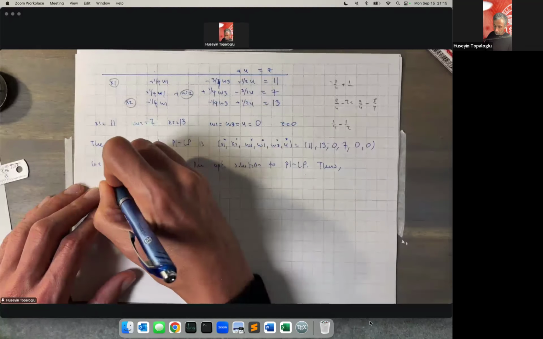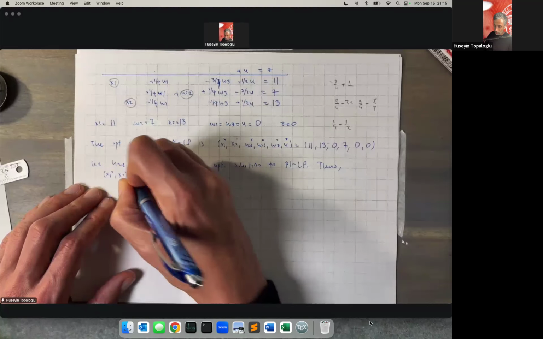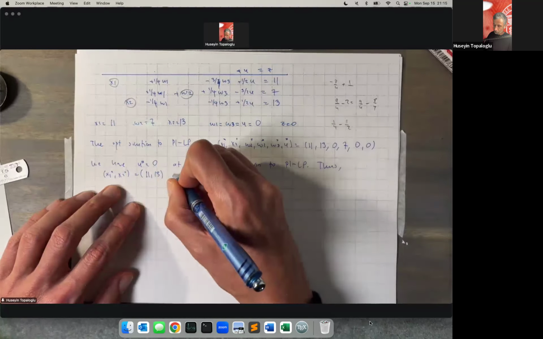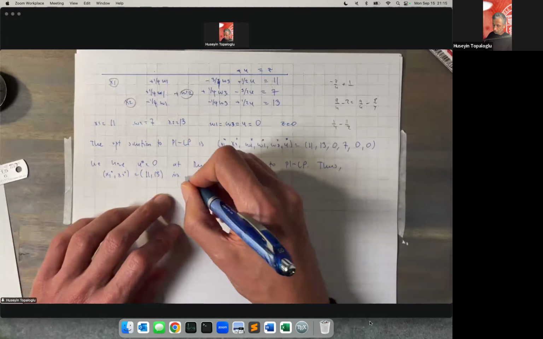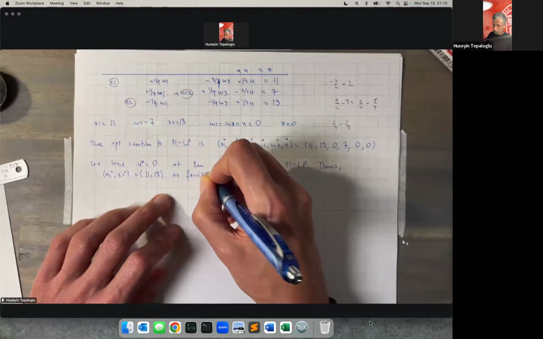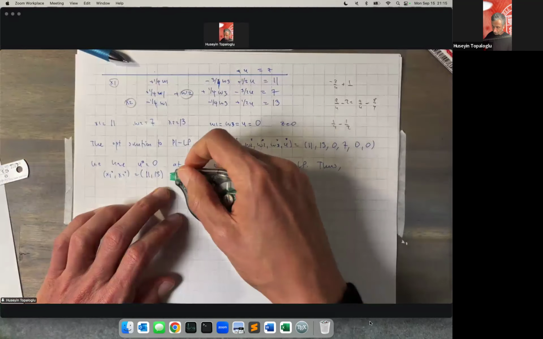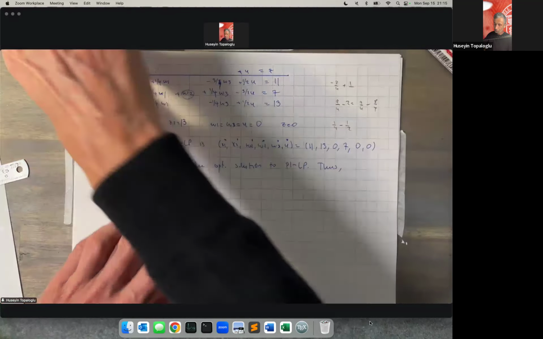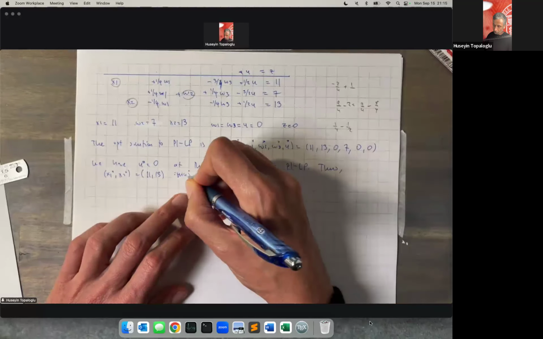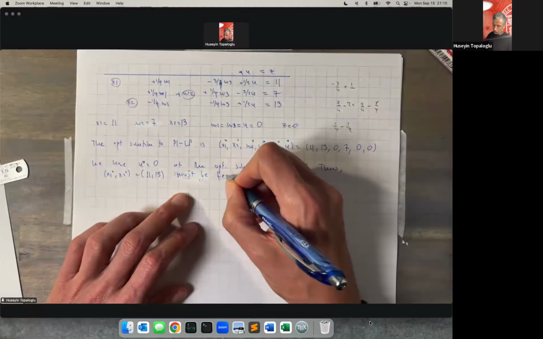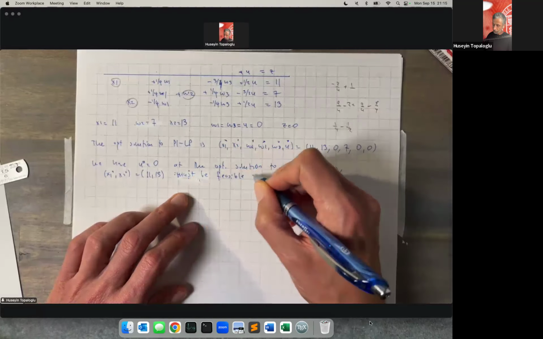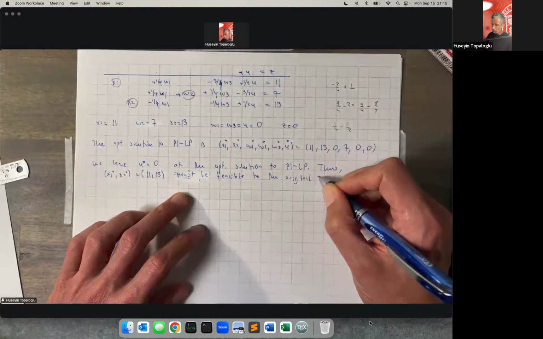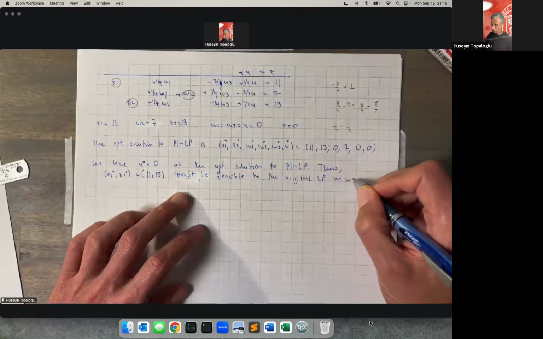Thus, X1 star, X2 star equals 11 and 13 must be feasible to the original LP we want to solve.